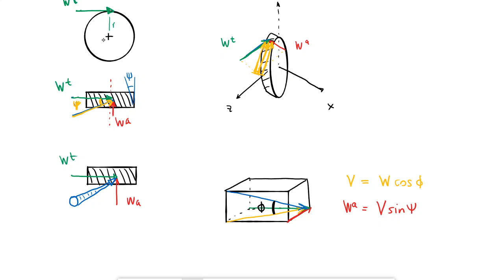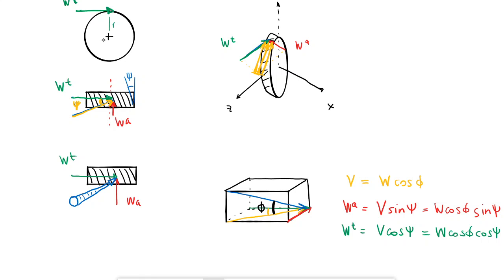Basically this is on the floor of that box. And then the last one, WT, would be equal to the cosine of psi, right? So this would be W cosine phi cosine psi, and this would be W cosine phi sine of psi, right?